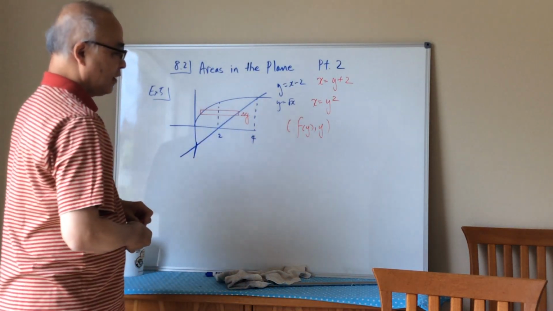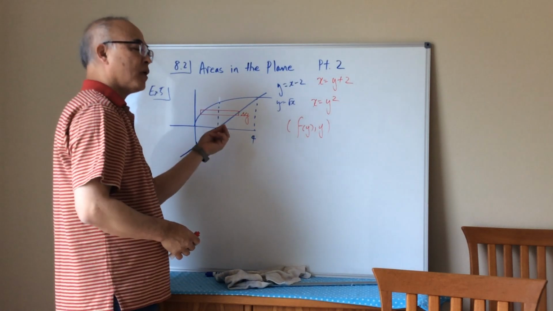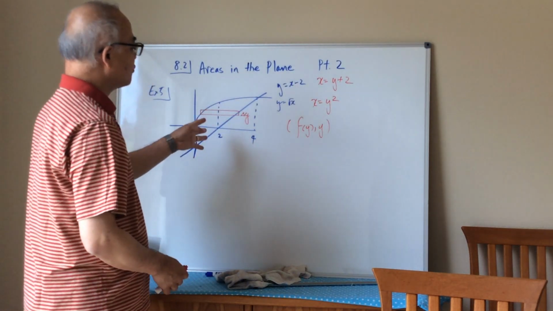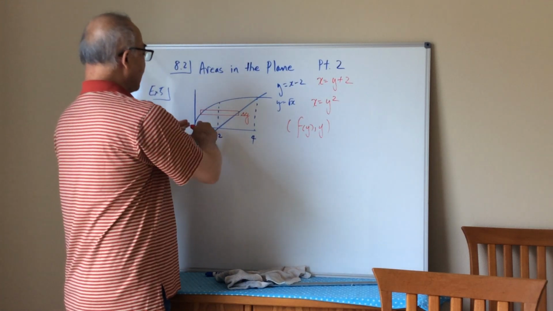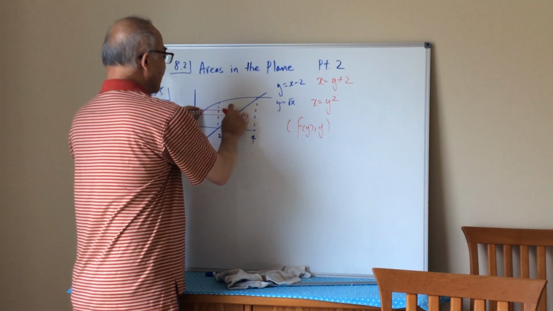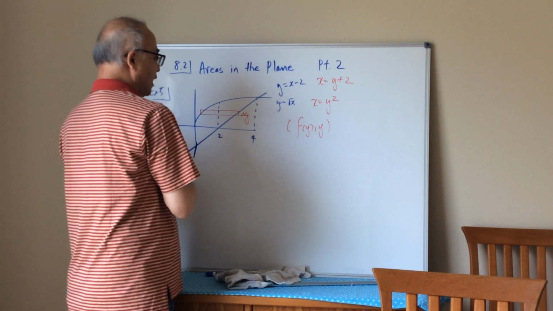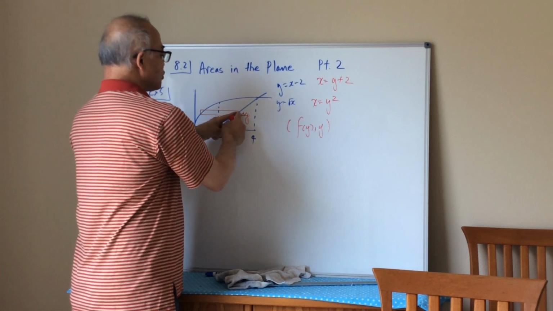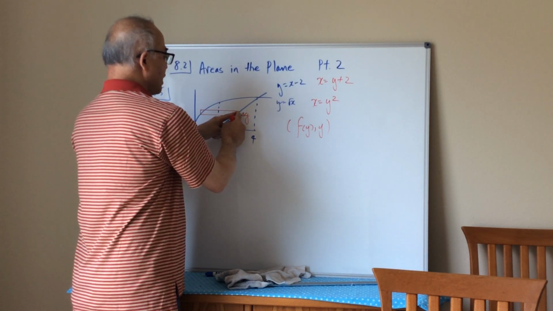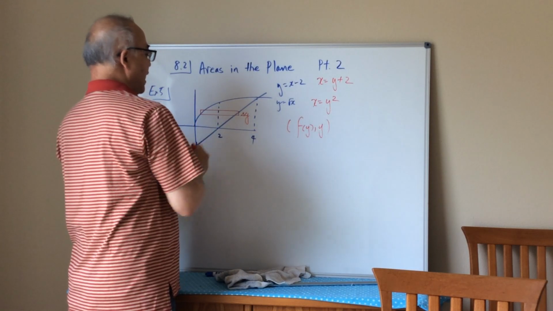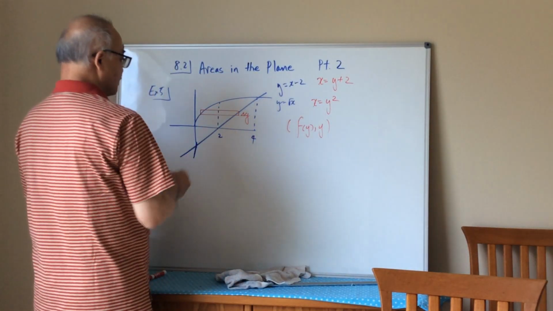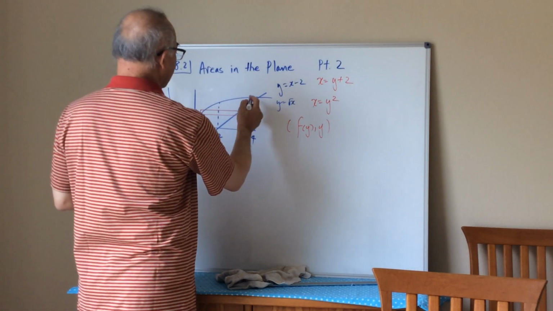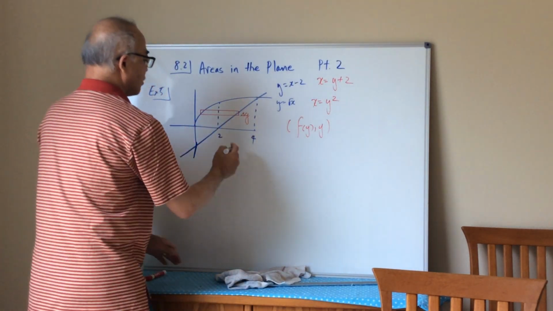The most confusing part is to reorient yourself and look at that y. Now we're looking at delta y or dy. So we're looking at the larger x. You want to subtract the smaller x from the larger x.